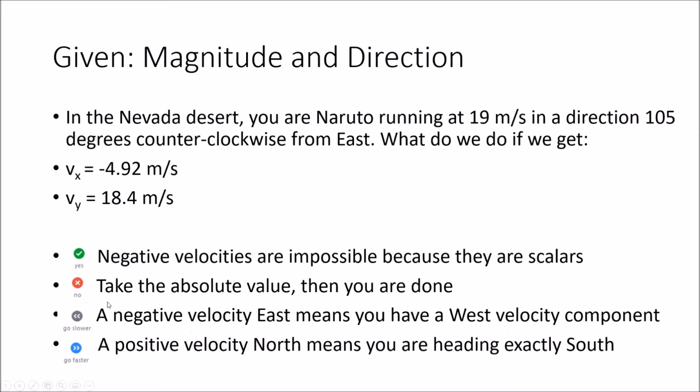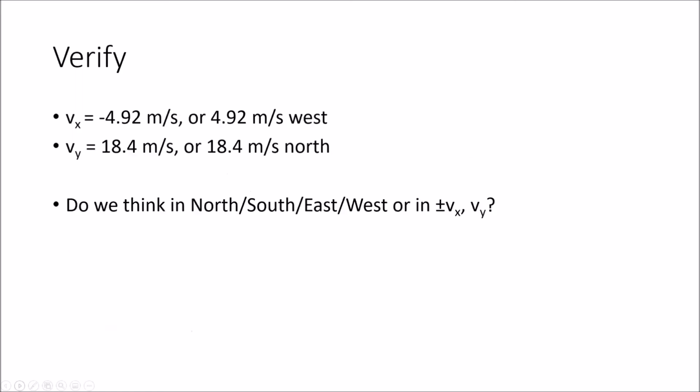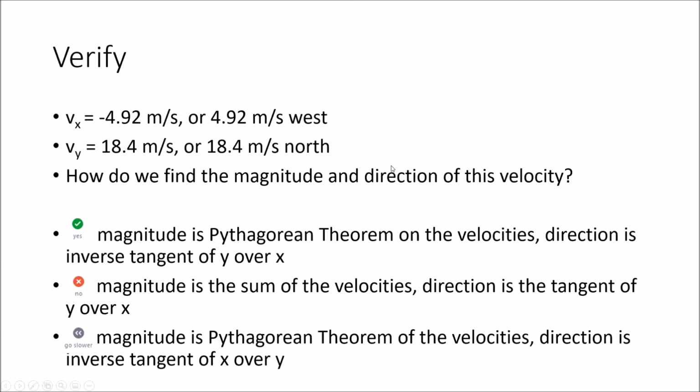You'll find that the direction is going to be some weird negative number, because things that end up in quadrant 2 and quadrant 3, the inverse tangent doesn't quite know how to handle. If you're in quadrant 2 or quadrant 3, the inverse tangent is probably going to lead you wrong, and so you have to remember to add the 180 degrees to that. All of this is in the physics book in section 1.7 through 1.10, I believe. So go ahead and read that if you're confused by any of this.